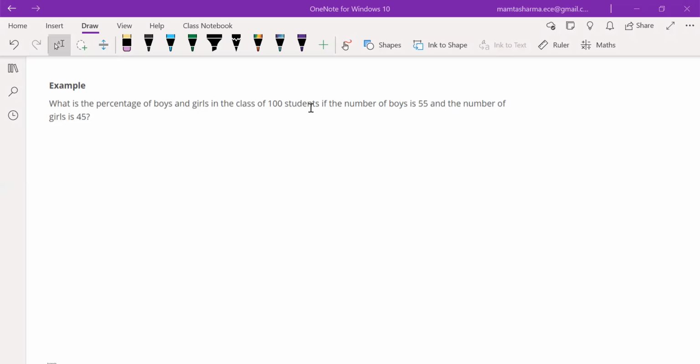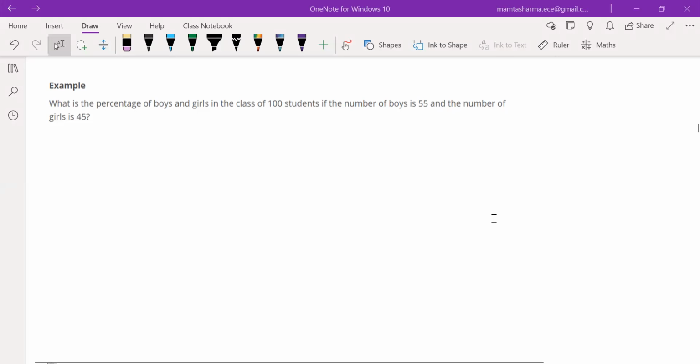For the percentage of girls, we have to do number of girls by total number of students in class, that is 45 by 100, then 45%. Yes. And boys? Number of boys by total number of students, 55 by 100, 55%. Okay. So Ritvik, where did you make the mistake?